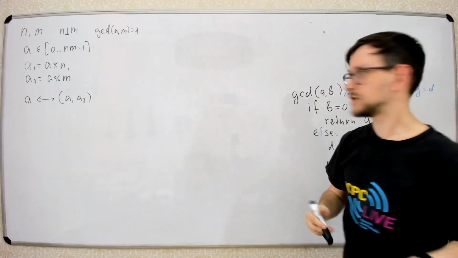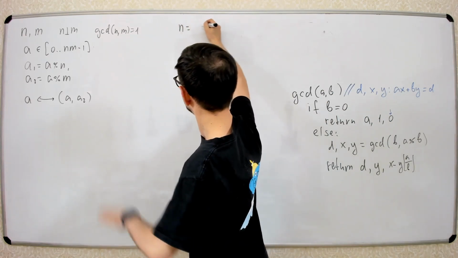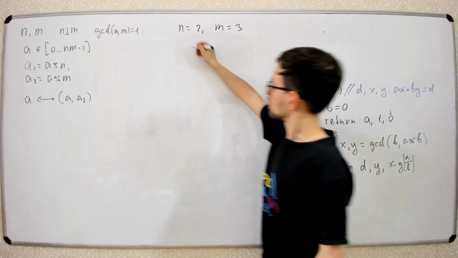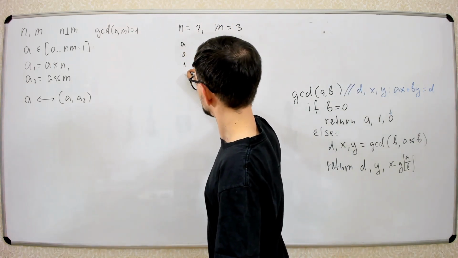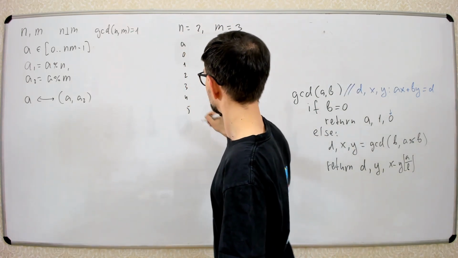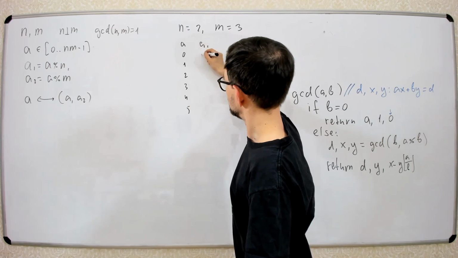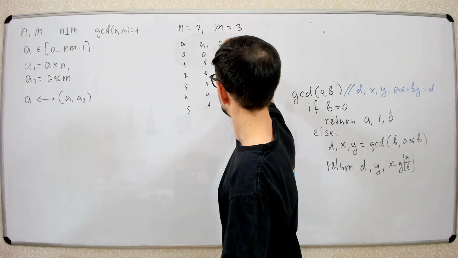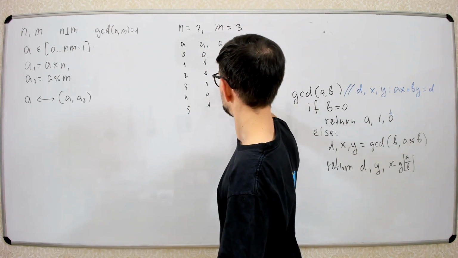For example, let's say n equals 2 and m equals 3. So we have all possible a's: 0, 1, 2, 3, 4, 5. a1 will be 0, 1, 0, 1, 0, 1, and a2 will be 0, 1, 2, 0, 1, 2.